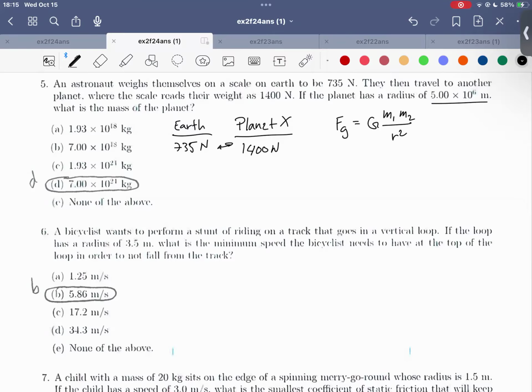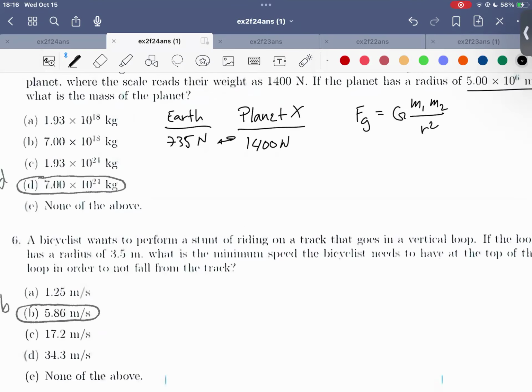So when you divide, this is basically the mass of Earth times 1.9. So the gravity times 1.9 here. Oh, this is gravity here.